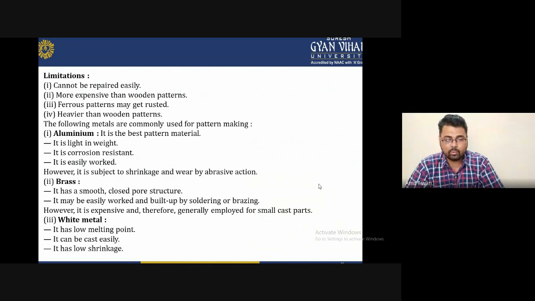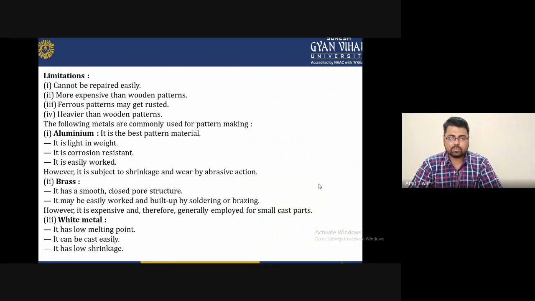The first is aluminium. It is the best pattern material. Aluminium is generally used for making metal patterns because it is very light, very corrosion resistant, and easily worked.